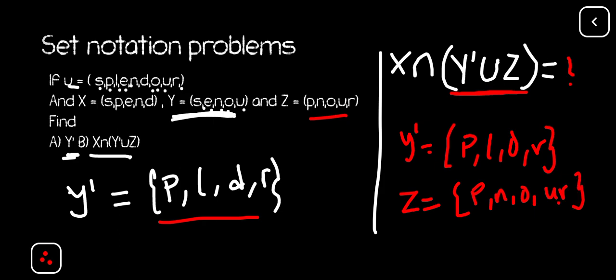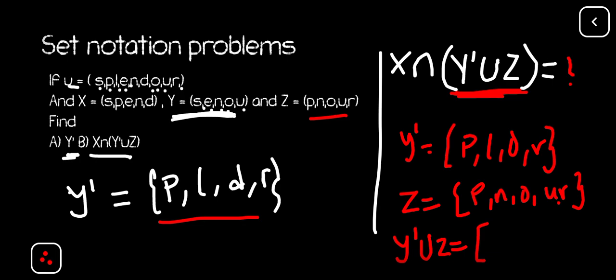When you say Y complement union Z, what does that mean? We explained that union means combination, bringing together, or the marriage of two sets. So we're merging these two sets together as a union. When we merge them together, take note, you're not going to repeat the same elements in the two sets.